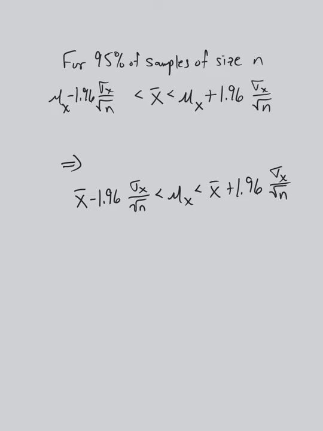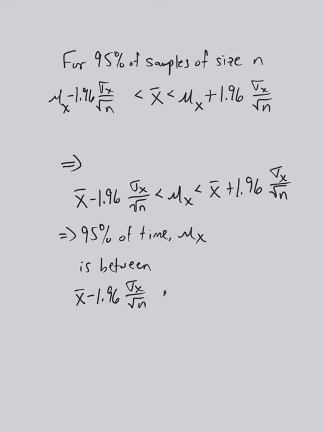And so now what we're trying to say here is that 95%, I'll just say of the time, but it's 95% of all samples, then the population average that I'm looking for, mu of x, is between those two numbers, the x bar minus 1.96 times sigma divided by square root of n, and x bar plus 1.96 times sigma x over square root of n.